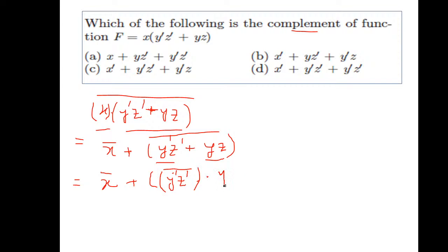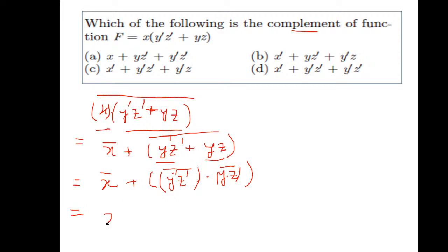We can take yz as common in a bracket. The handwriting is not so good, so I am doing the y bar into z bar, plus has been converted into dot, and this yz whole bar.